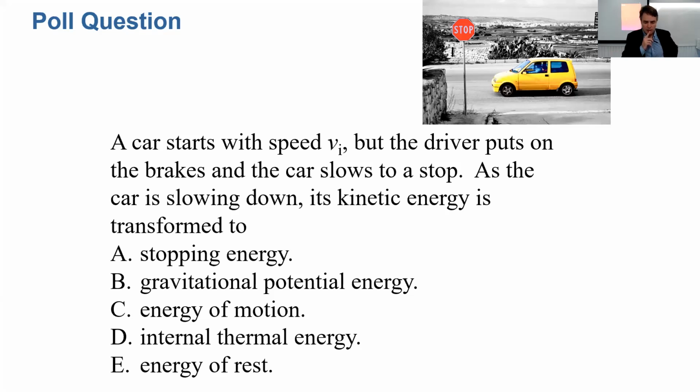A car starts with a speed v_i, but the driver puts on the brakes and the car slows to a stop. As the car is slowing down, where does the kinetic energy go? It's transformed to A, stopping energy; B, gravitational potential energy; C, energy of motion; D, internal thermal energy; or E, energy of rest.